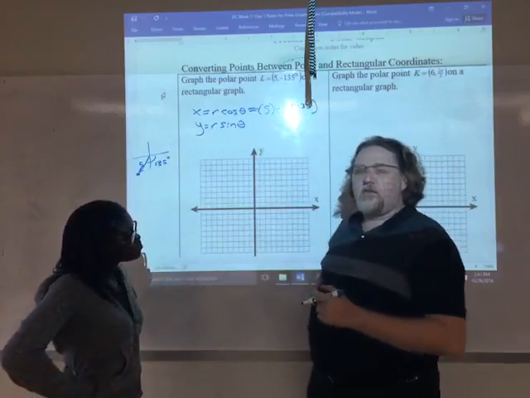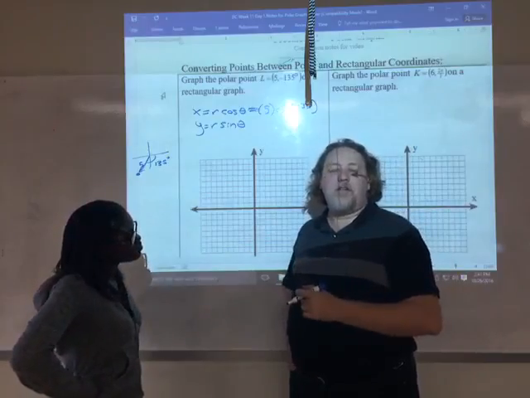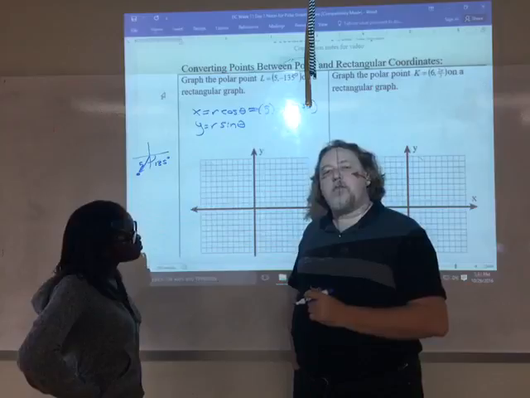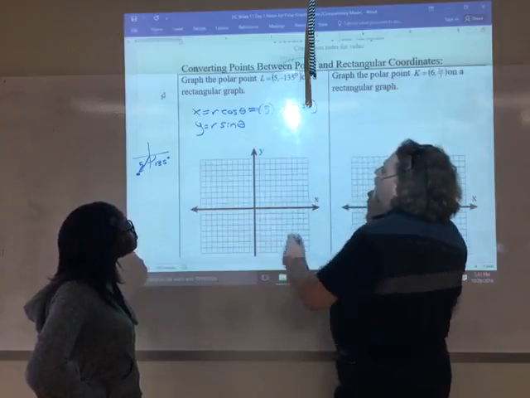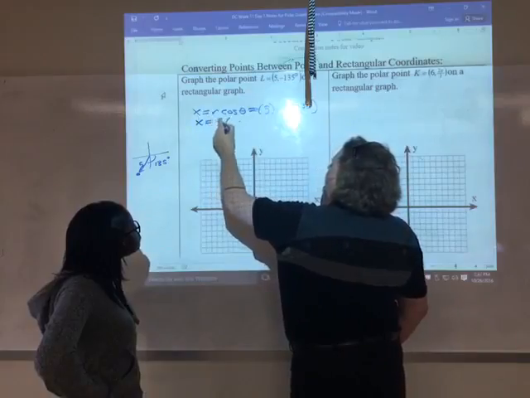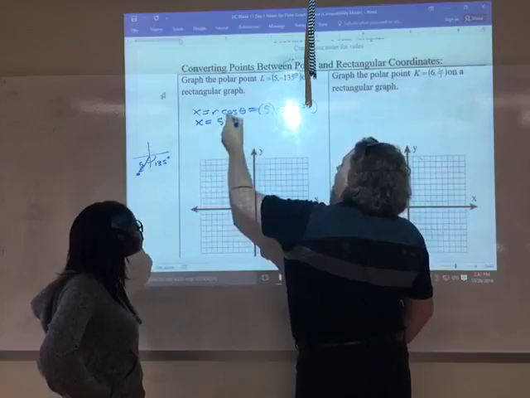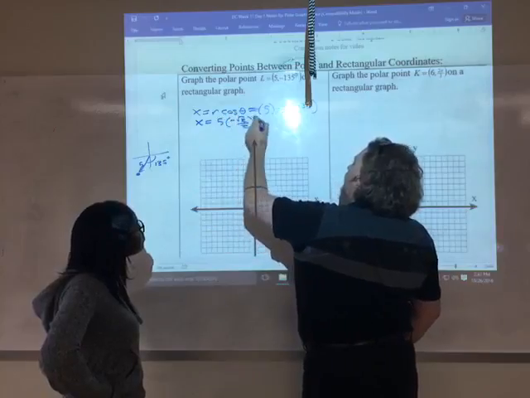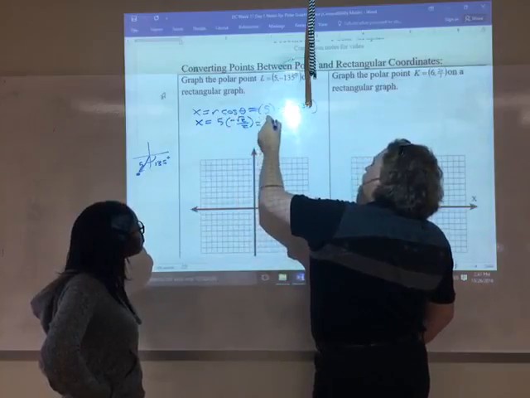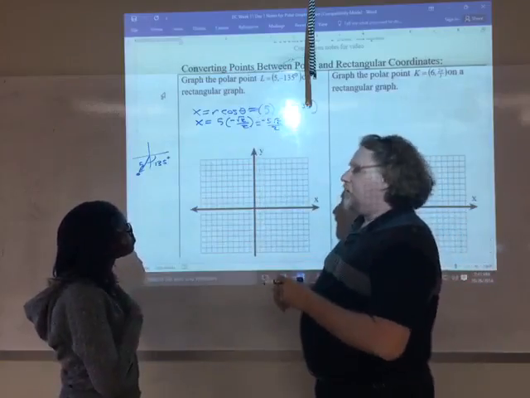I have memorized the unit circle, so I know that the cosine of 135 degrees is negative square root of 2 over 2. So x is 5 times negative square root of 2 over 2. In other words, negative 5 root 2 over 2 is my x component.